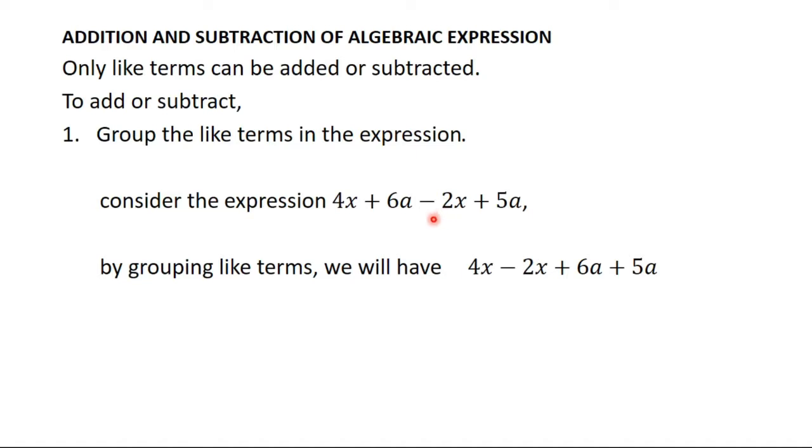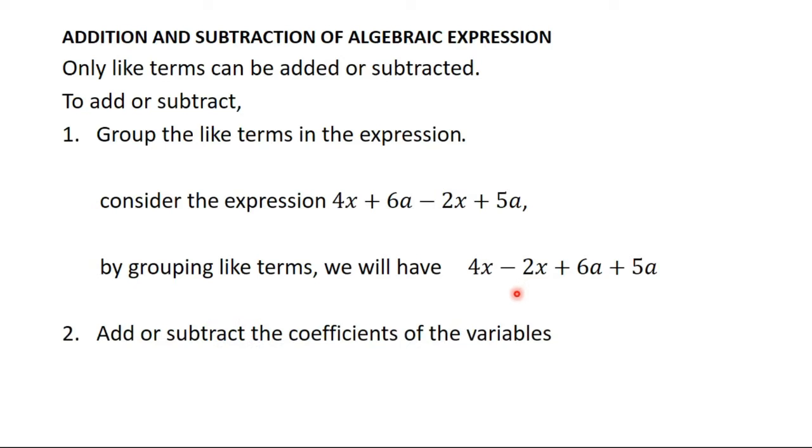As you saw from the previous video, 4x and minus 2x are like terms, so we are going to group them together as we have here. Then 6a and 5a are also like terms, so we group them together. So this is what we mean by grouping like terms. You bring the terms that are like together.